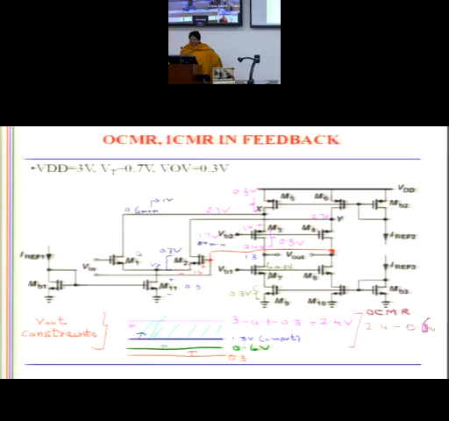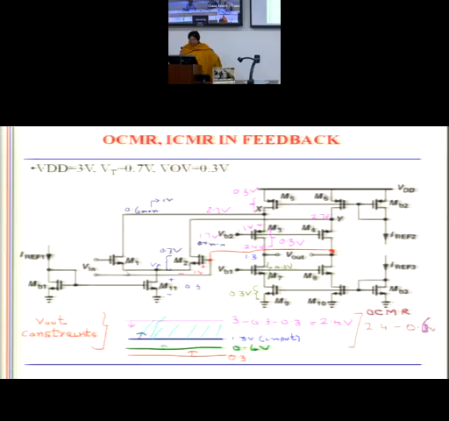What is the minimum drain here? This is one overdrive, another overdrive, and a third overdrive. So for all these three to operate in saturation, the minimum I require is 0.9. So 0.9 plus 1 VT is 1.9. This is the minimum you want.